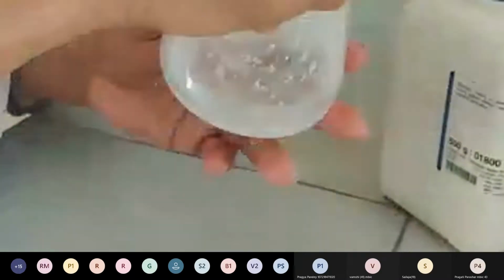This NaOH is mostly water, so it will not dissolve. I'll try to dissolve as much as possible.